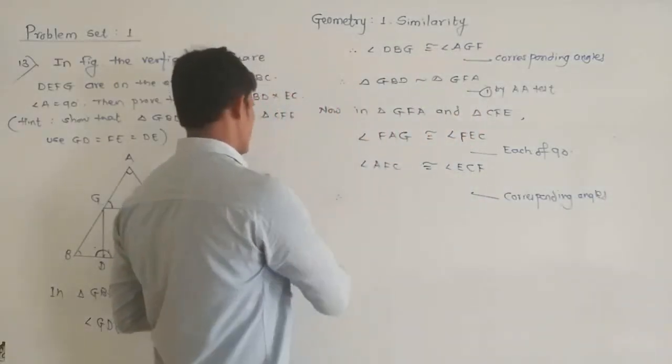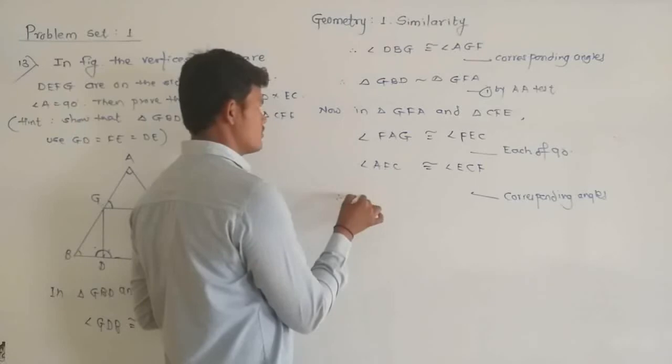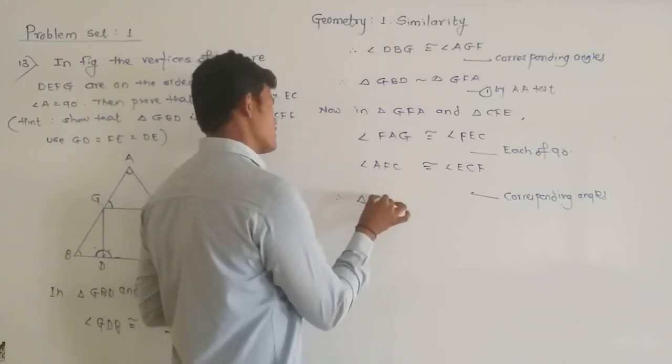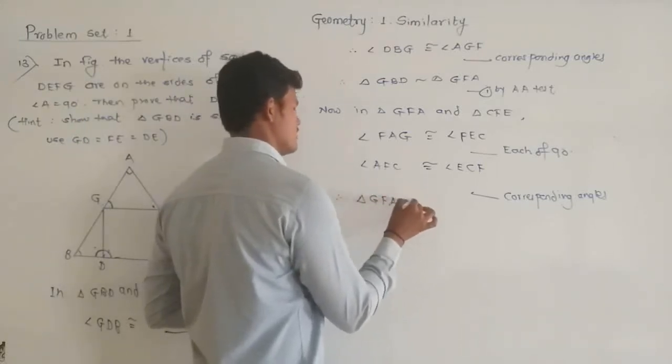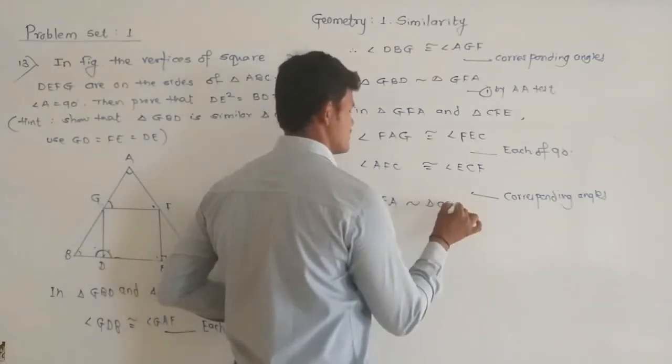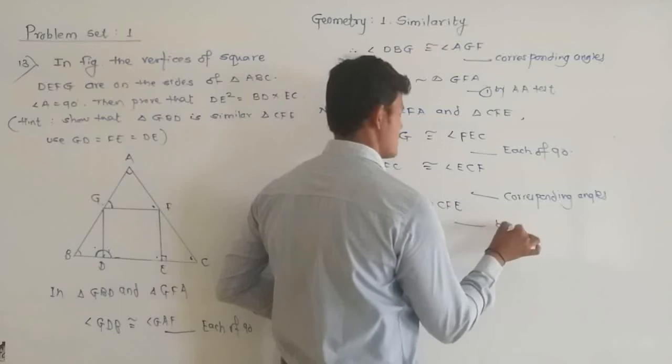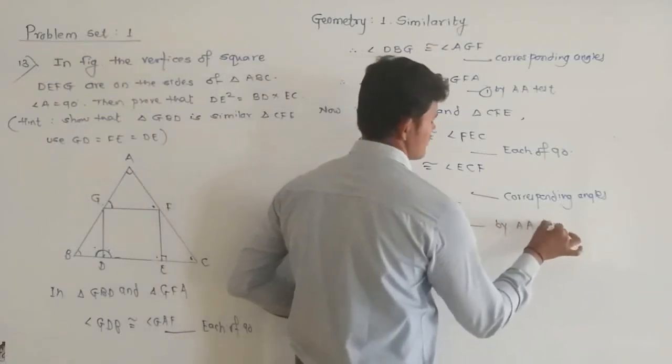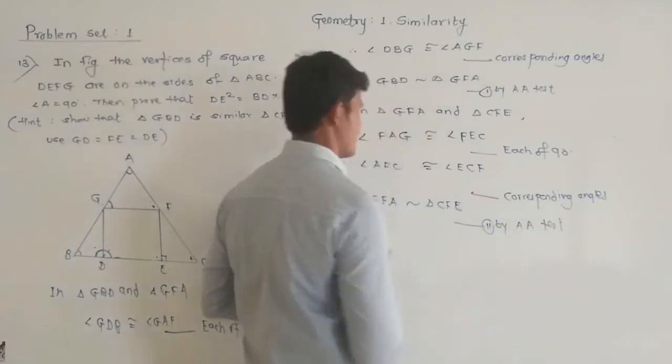And if two angles of one triangle are congruent to two angles of another triangle, then both triangles are similar by using angle test of similarity.